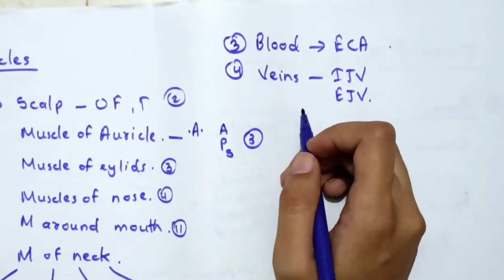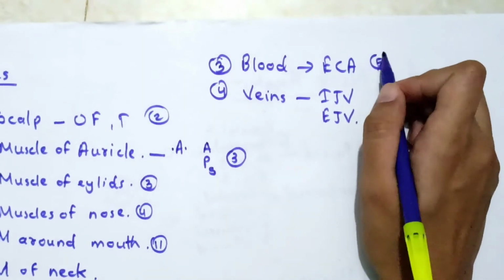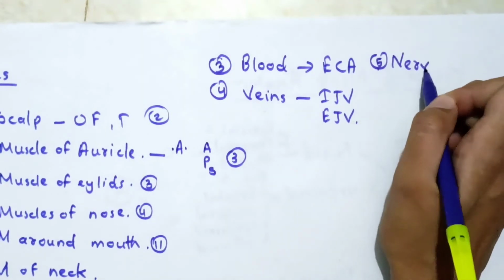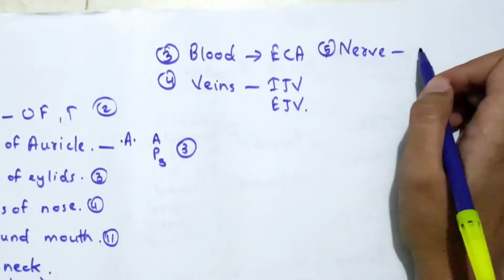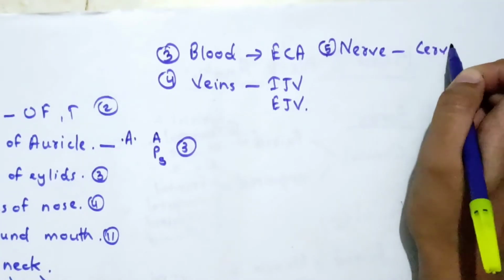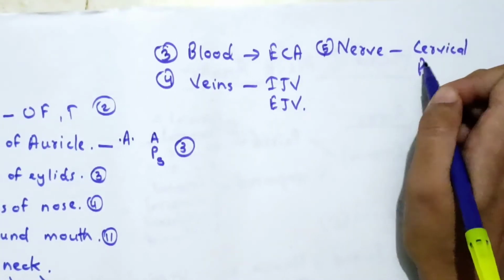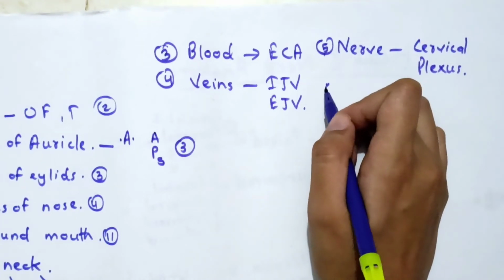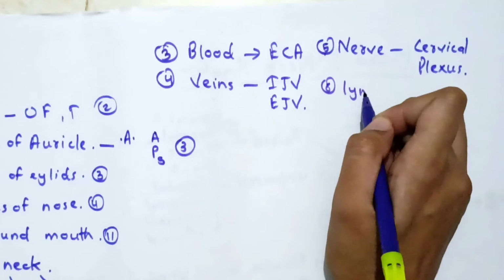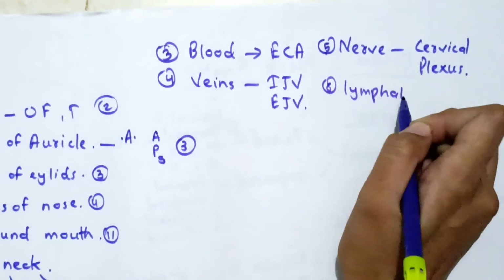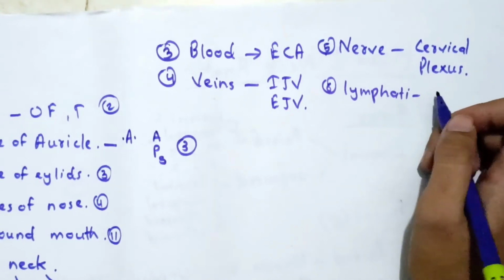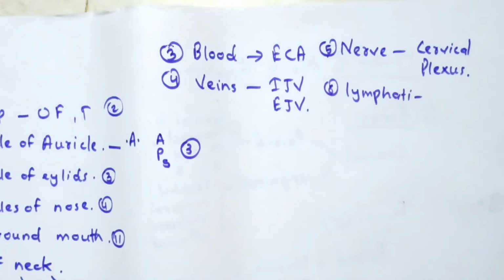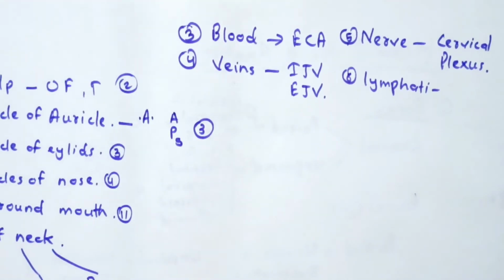And for the nerve supply, it is by cervical plexus. And for the lymphatics, we have supraclavicular, deep cervical lymph nodes and all those.